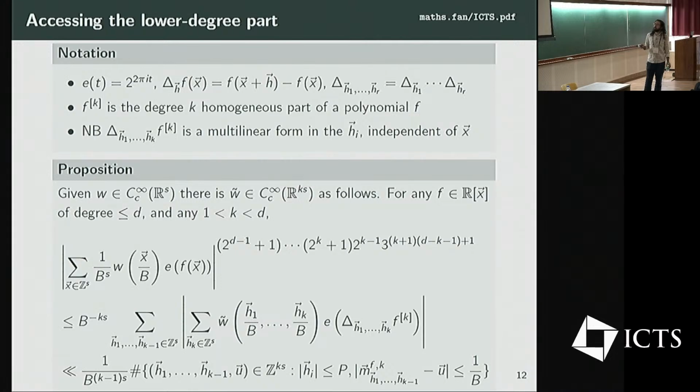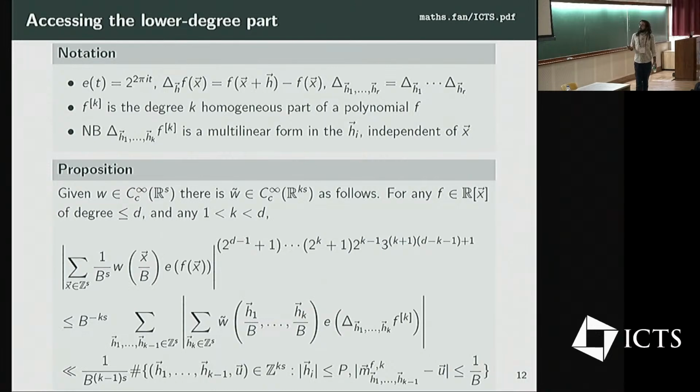Normally when you apply the forward difference operator, you get another polynomial in x, but if I take a degree k polynomial and apply it k times, I get something that is constant as a polynomial in x, and so doesn't depend on x at all. Instead, it's a multilinear form in these k vectors of variables. This multilinear form comes up constantly in the circle method because it's what you get when you apply Weyl differencing to an exponential sum in the polynomial.